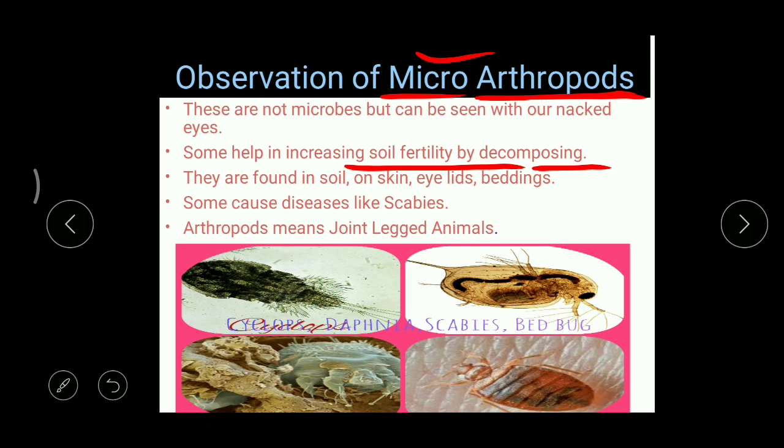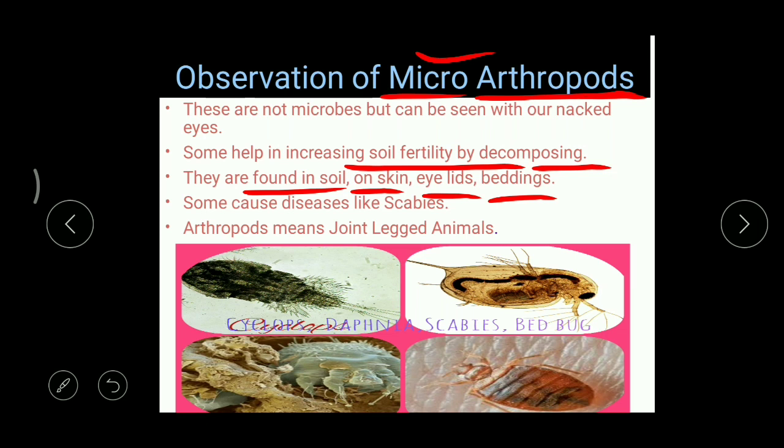Then they can be seen in the soil and over our skin and even eyelids. Now and then you can find that over our eyes some black colored insects are roaming. Have you seen? Yeah, that is also one example of a micro arthropod. And in our beds also we can find small things, and they are said to be micro arthropods.